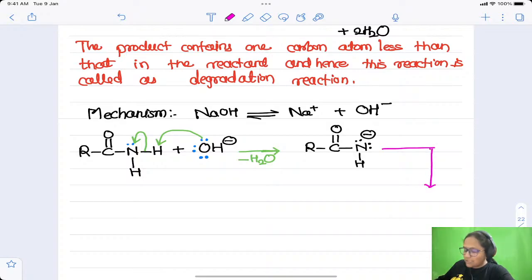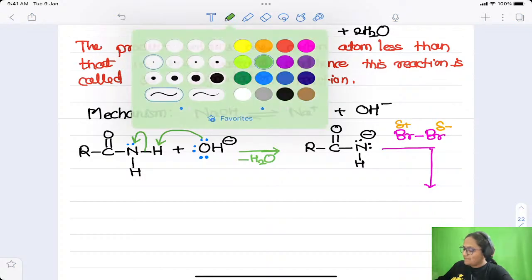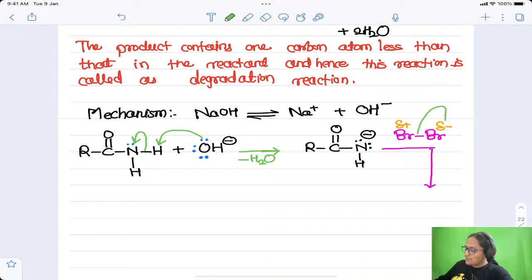So bromine, that is Br2, there is a single bond between two bromine atoms. Out of the two bromine atoms, always remember, one is delta negative, another is delta positive. Delta stands for partial positive or negative charge, right? So what happens, this gets shifted onto bromine, therefore one bromine will be left in the form of bromide ion, right?